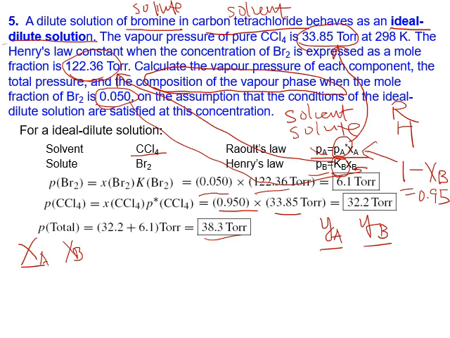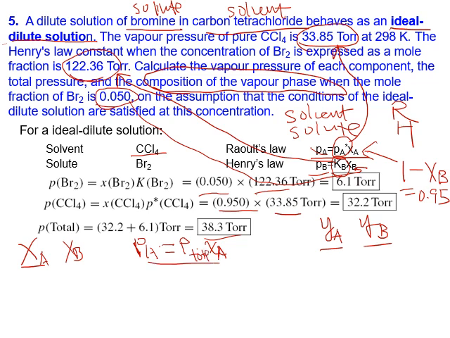the mole fraction of the carbon tetrachloride and the bromine. Okay, so how do you calculate the mole fraction in the gas phase? This has been studied in chapter 1, the gas phase, based on Dalton's law: the partial pressure of A equals the total pressure times the mole fraction. All right, so these are all about the gas phase.